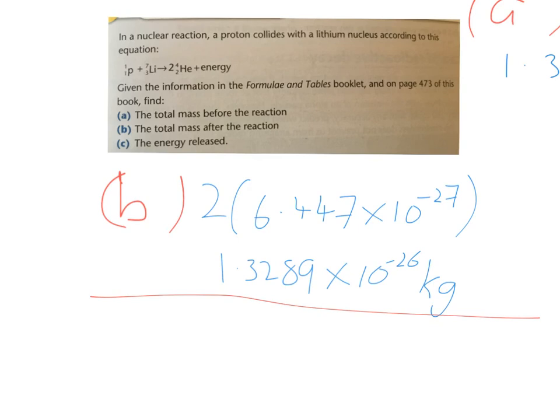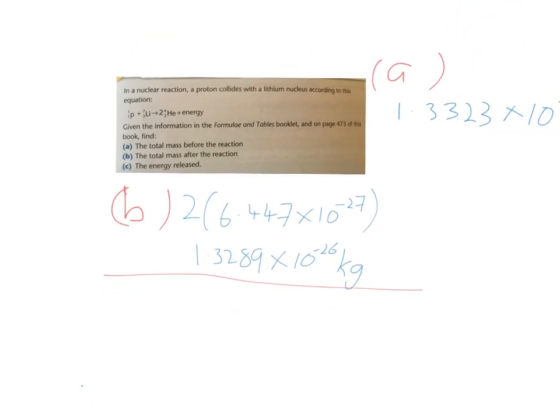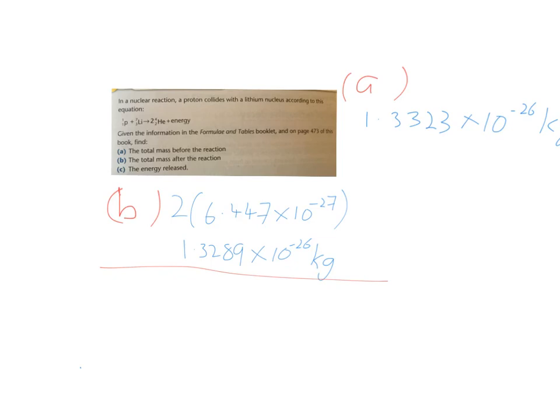Now for part C, what they want us to do is calculate the amount of energy released. So to do that, what we're going to do is see what the mass changed by. So the mass beforehand was 1.3323 by 10 to the power of minus 26 kilograms. And the mass afterwards was 1.3289 by 10 to the power of minus 26 kilograms.